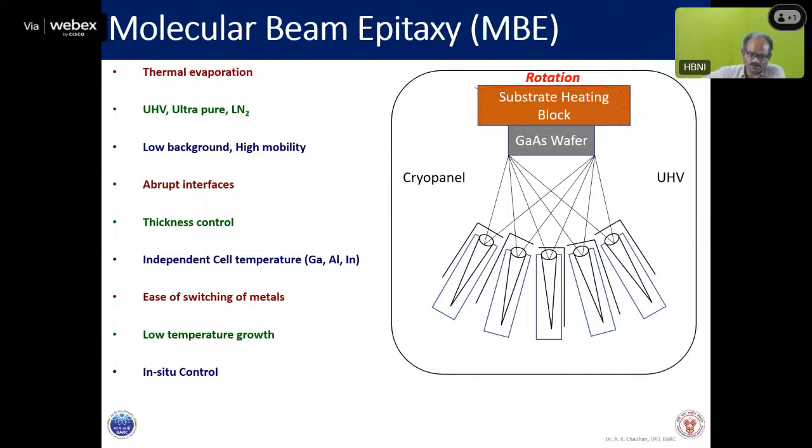The advantages are very low background and high mobility. Compounds can be deposited, and abrupt interfaces can also be deposited. There is very good thickness control, and there are independent temperature controls for each of these cells, and you can switch the metals easily, and it's a low temperature growth, and then you have in situ control.